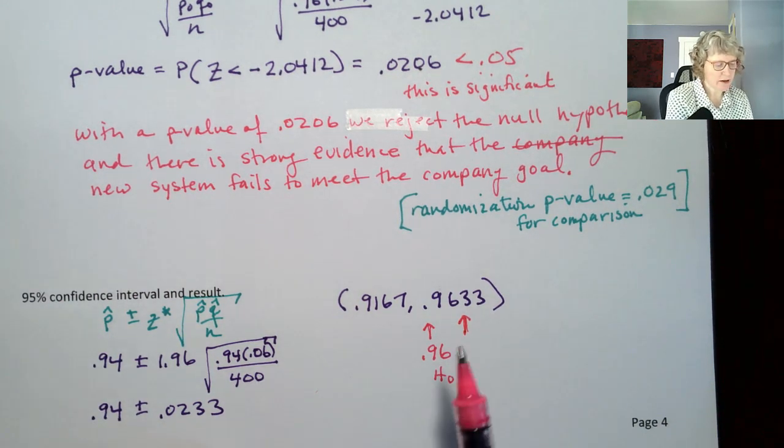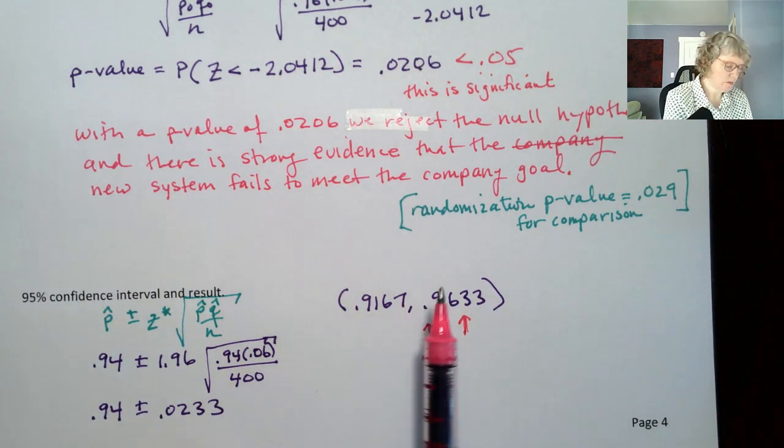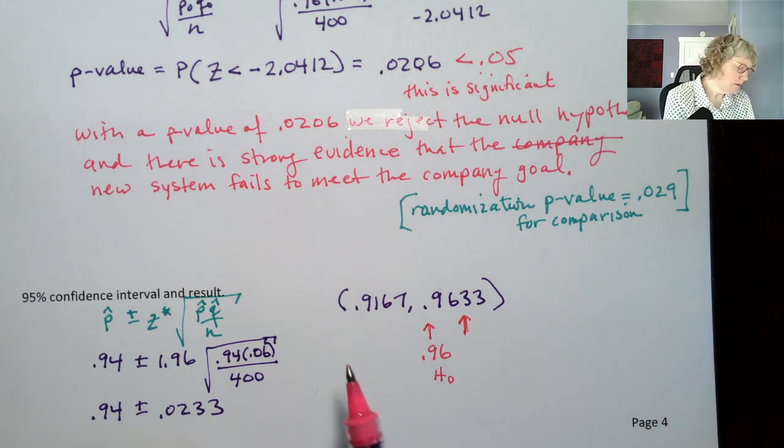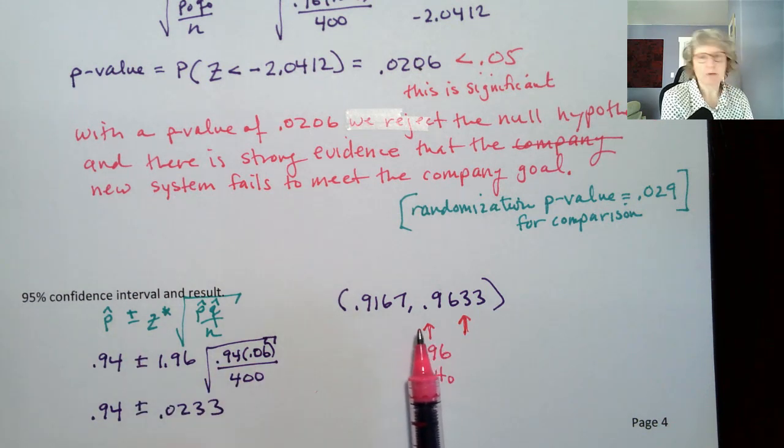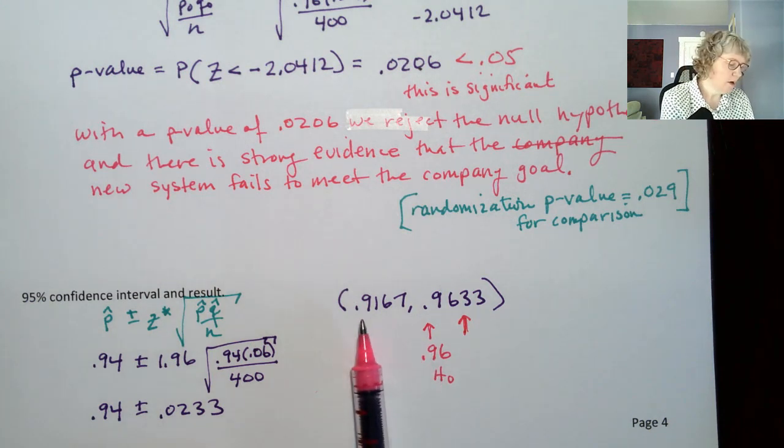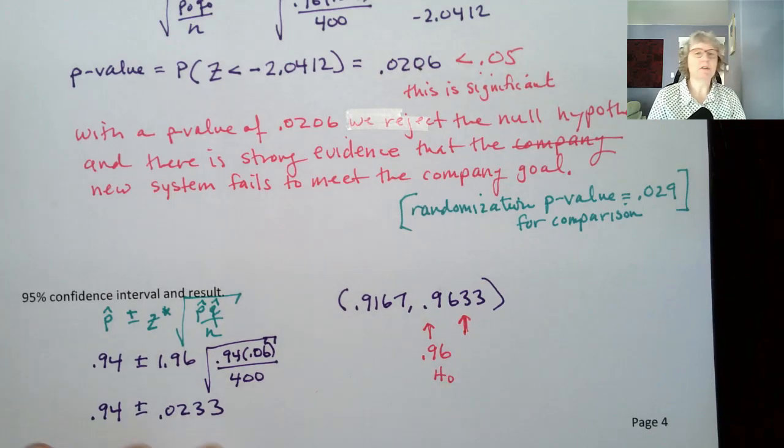So what we're saying is, given this p hat, the plausible values for the customers that did succeed were about 91, almost 92%, up to just over 96%. So it is plausible that they met their goal, okay?